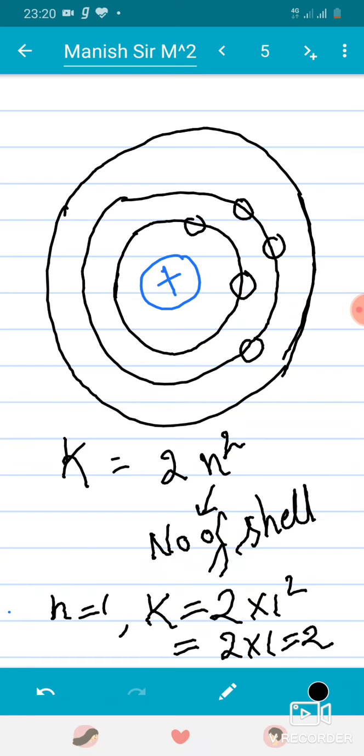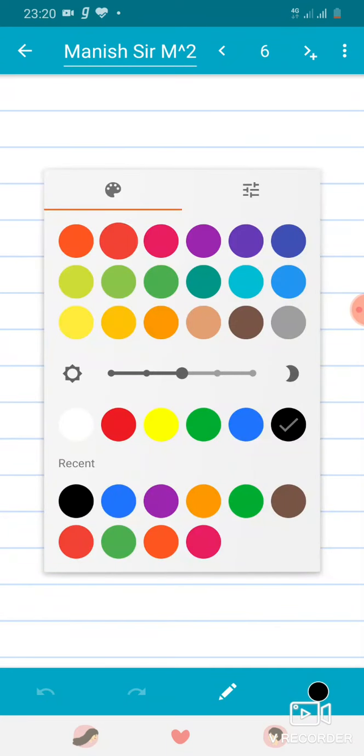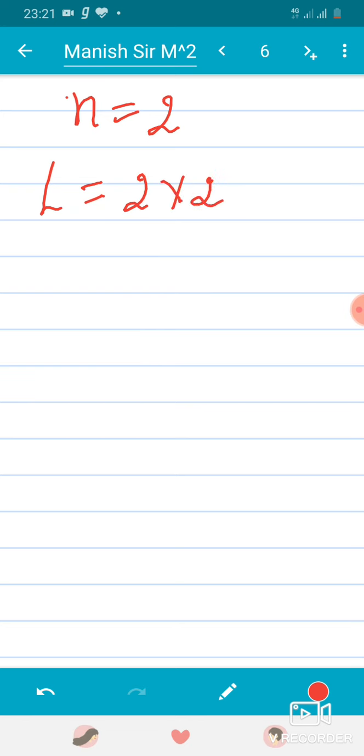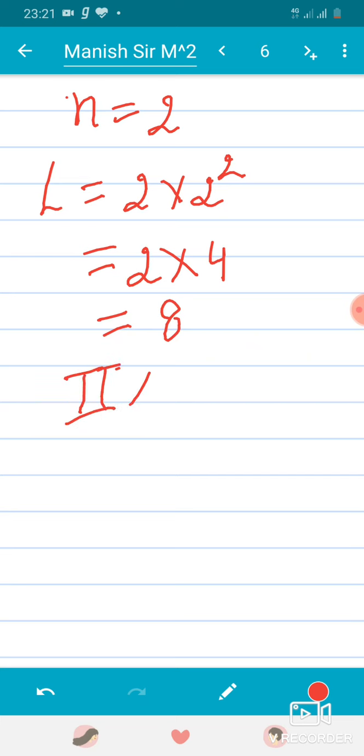It means in the first shell only 2 electrons can be present. In the second shell, n is equal to 2, then the number of electrons is 2 times 2 squared, which is 2 times 4, equal to 8. In the second shell, the number of electrons is 8.